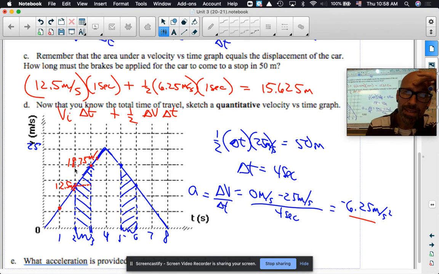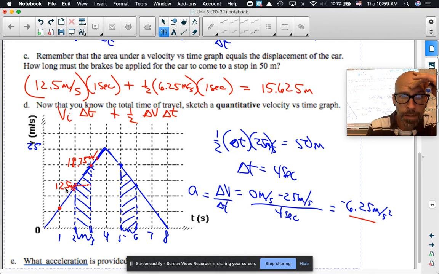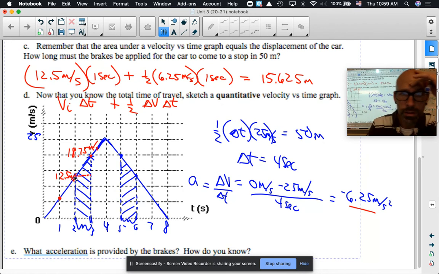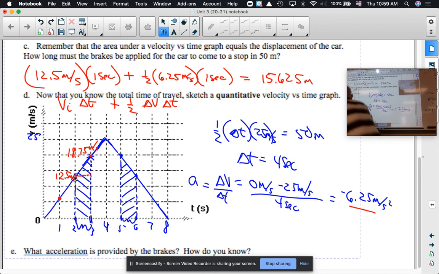Now this graph, this is supposed to be the quantitative graph, and I totally messed it up. I started to do something else with it after the fact to answer this question. So it should actually look like this. So the first 4 seconds would be the red part. The second 4 seconds would be the blue part there. All right, so pay no attention to this part.